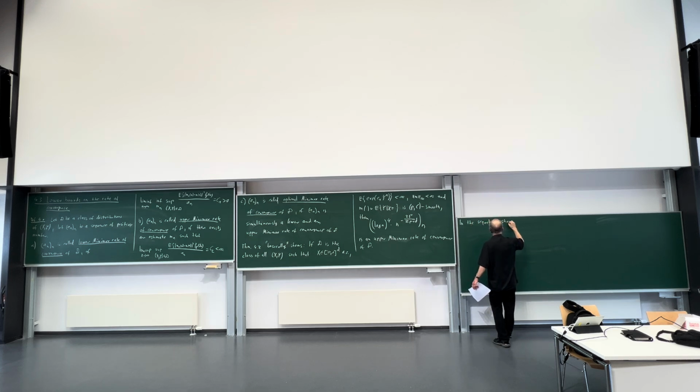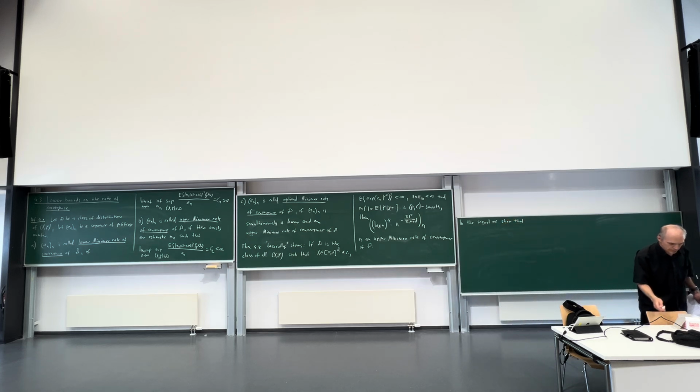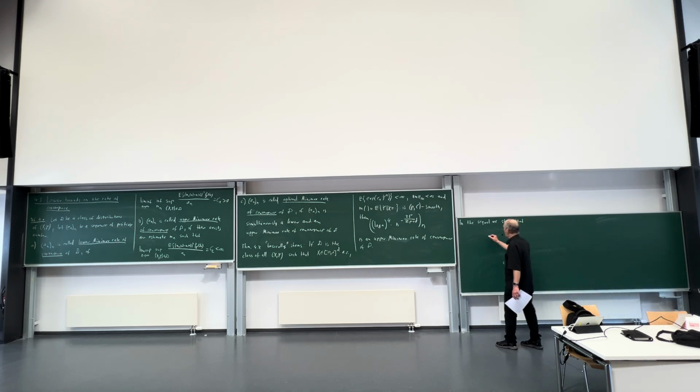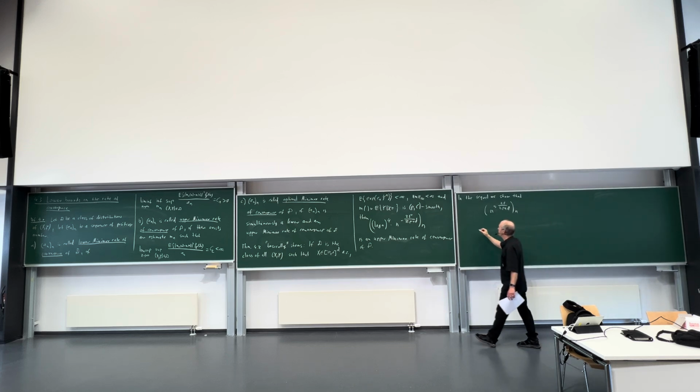We show n^(-2p/(2p+d)) is a lower minimax rate of convergence of D.